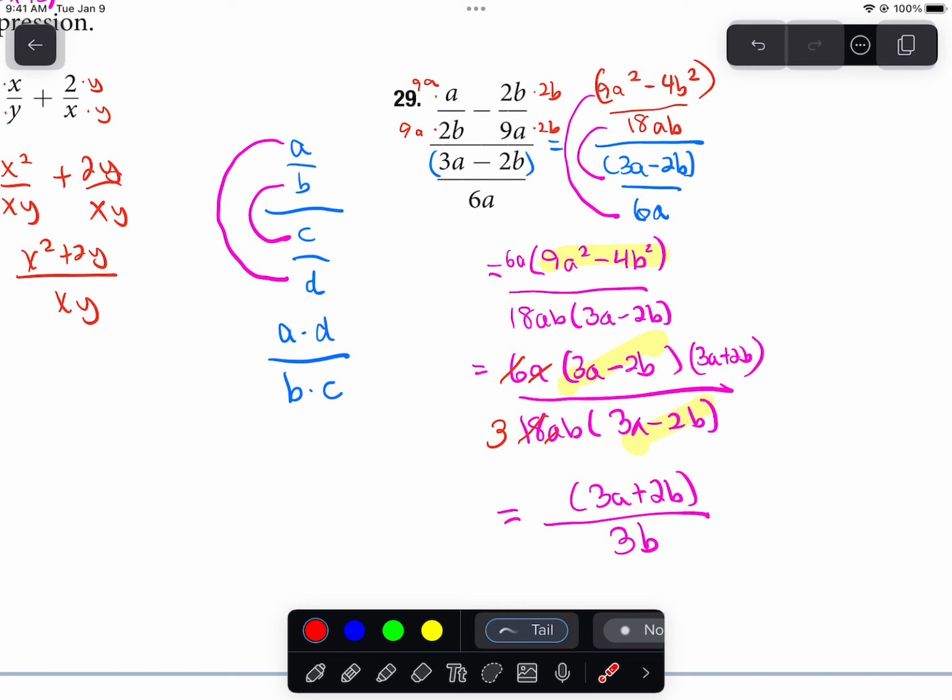And then I did big C over little c, but this piece needed factoring. So I factored it and then cancelled stuff out.